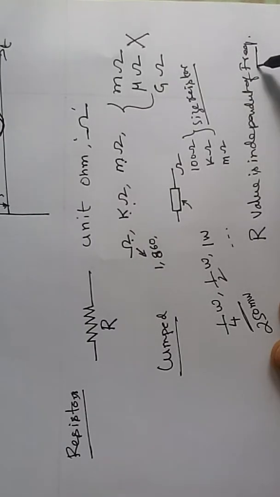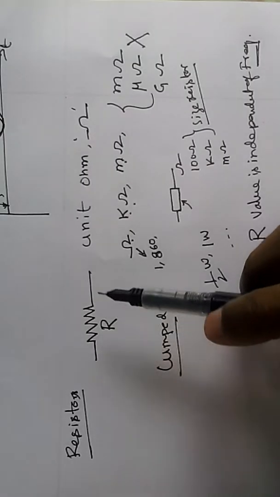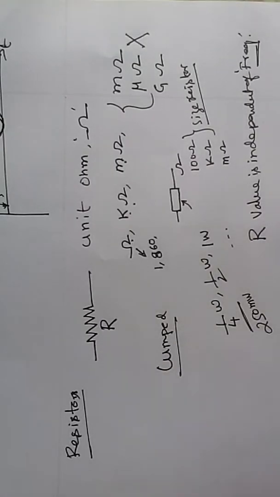Why does frequency come into the picture? If the signal flowing through this resistor is an AC signal, the frequency varies. Even if the frequency varies, the resistance value will not change. That's what we mean by the resistance value being independent of frequency.